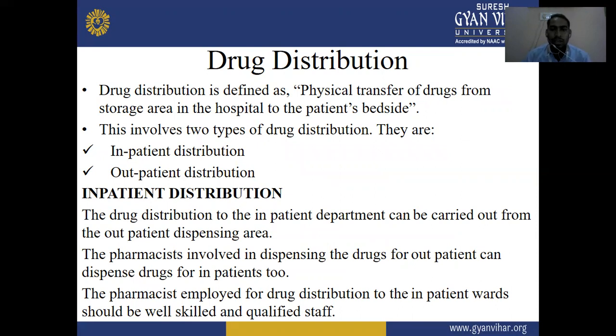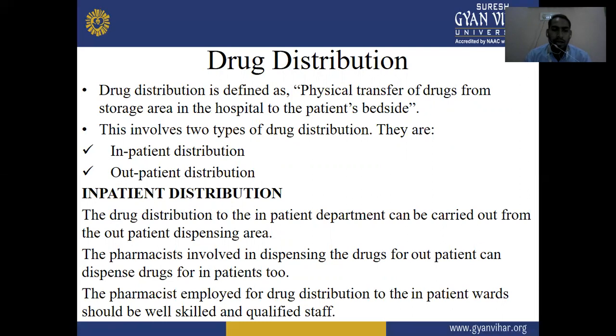Drug distribution in a hospital involves two types: first is inpatient distribution, IPD distribution, and second is outpatient distribution, OPD distribution.